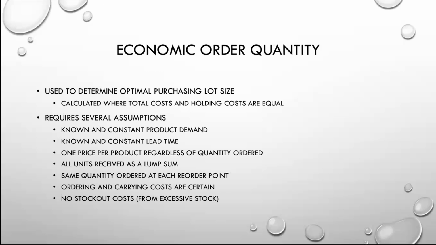Now, if some of these assumptions don't apply, it doesn't mean that you just throw the equation away. It just means you're going to have to modify it to take into consideration your assumptions. But if these assumptions exist, or if these assumptions are constraints that are acceptable to your calculations, then you may still want to use this EOQ.